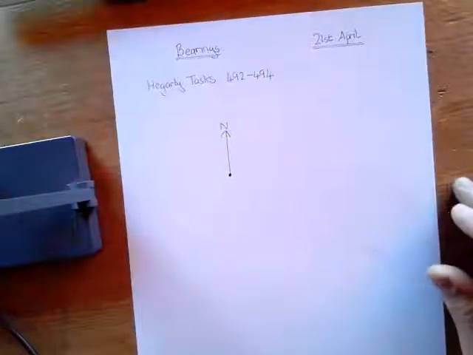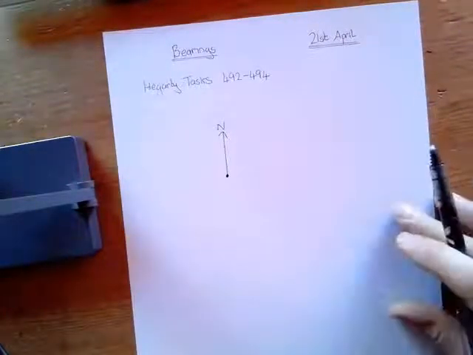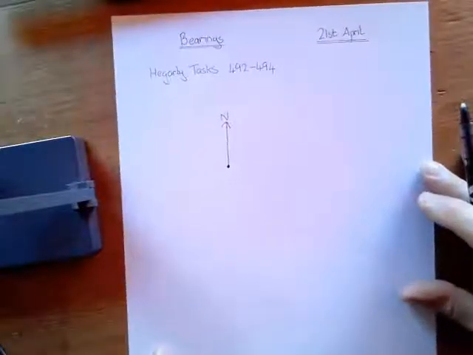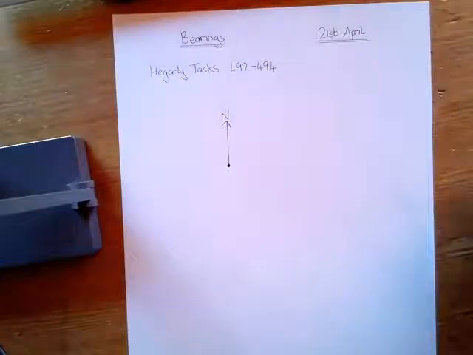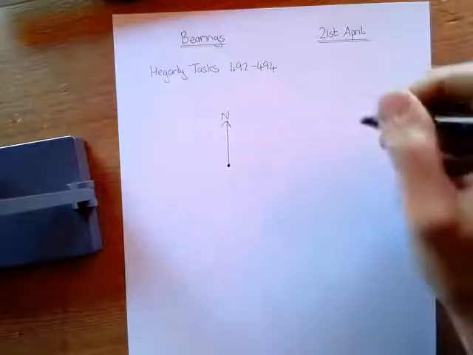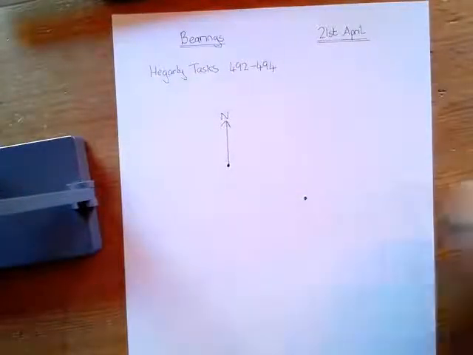This is all well and good, but the problem is it only gives you a limited number of directions in which to travel. If we want to be able to travel in any direction, then we are going to need to be a bit more precise. And to be more precise, we talk about the angle that we're going to travel on. So, for example, suppose I am trying to get to a friend's house who lives down here somewhere on the page.